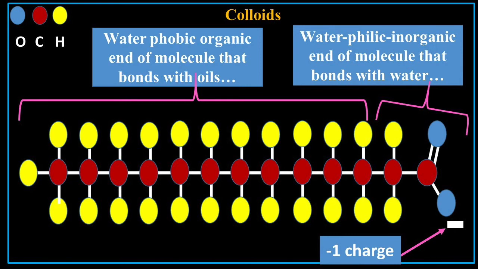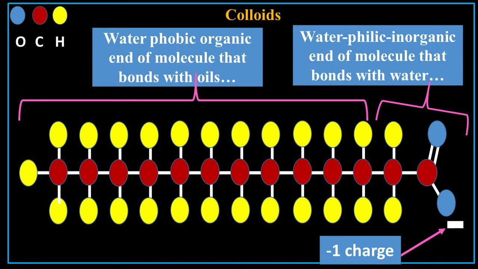So you take an alkali substance and that removes the H from the OH, and as a result you form an anion, negatively charged, and that anion is highly attracted to the polar water. That's called the hydrophilic, inorganic end of the molecule that bonds with water.